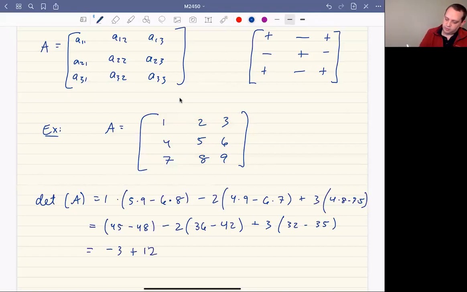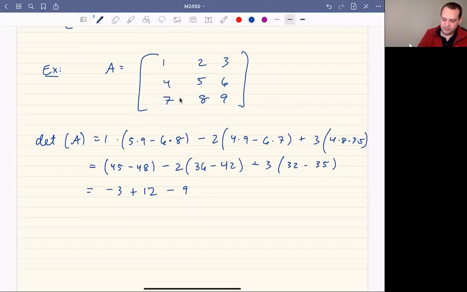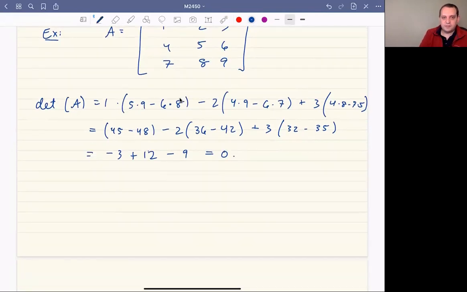And then the final step will be plus 3 times minus 3, so minus 9. And this one happens to work out to be 0. So the determinant of A is 0.